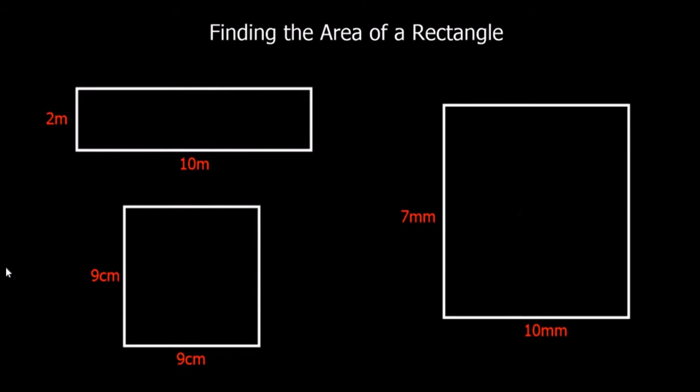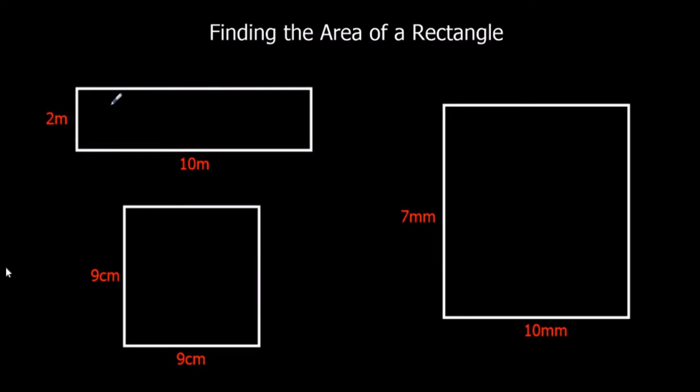Okay, let's look at these rectangles. This one here, you notice, is in meters. So instead of centimeter squares, we're going to measure this one in meter squares. It's the same concept: how many 1 meter by 1 meter squares fit into this shape? The quick way is the length times the width.